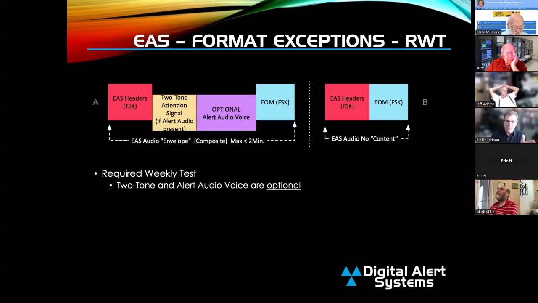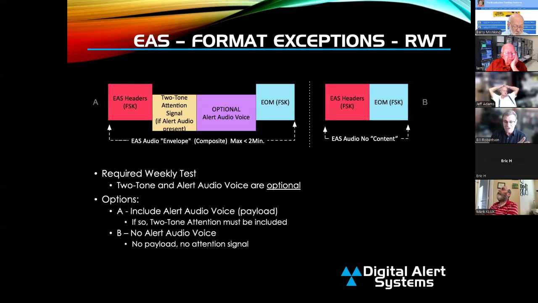As you see on the A side, if I want to include a voice for the RWT, I must also include the attention tone. So I have to put that in there. On the B side, for an RWT, the option is that you can do no alert voice. If there's no payload, you don't need the attention signal. So there are two options available for a properly formatted RWT.